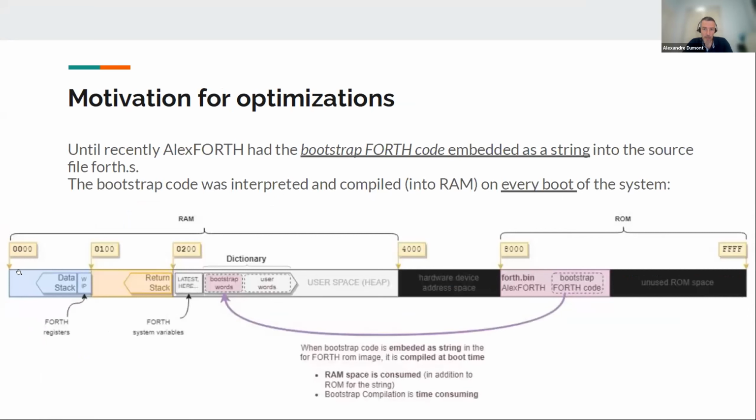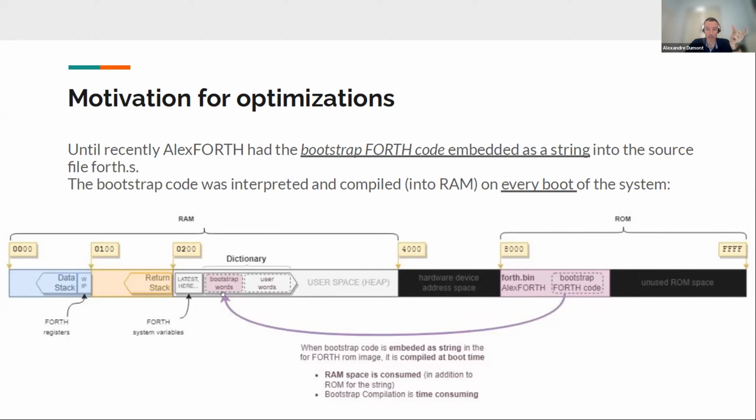okay, I've put on the slide a representation of the memory of the computer. So at the top of the memory, you have the ROM part where the binary is loaded when you reset the computer. And inside you can see there is this bootstrap Forth code, which is the string. And when the computer resets, the first thing that it will do is interpret and compile whatever is in this bootstrap Forth code and generate the whole compiled dictionary.